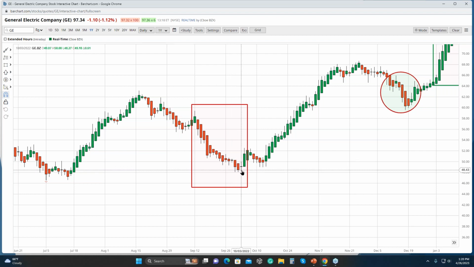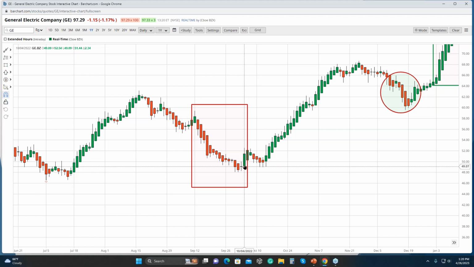The doji is telling us that there's a potential change in trend, or maybe a continuation in trend after the market has paused, but we wait for a confirmation until our next candle closes above our controlling candle. So here's our controlling candle, our indecision telling us that there's something about to happen. And then there is our up candle, how we defined it, right?